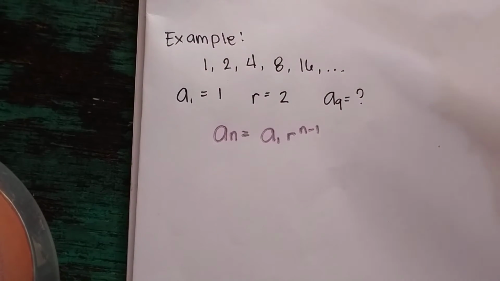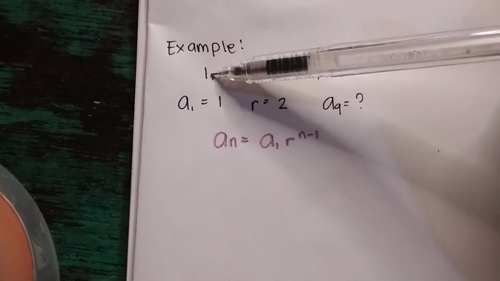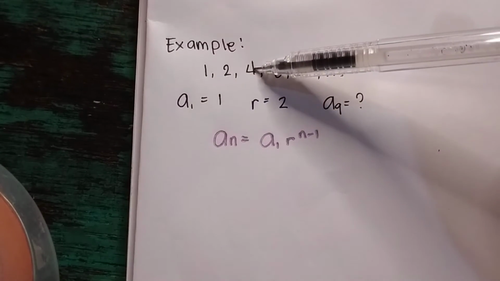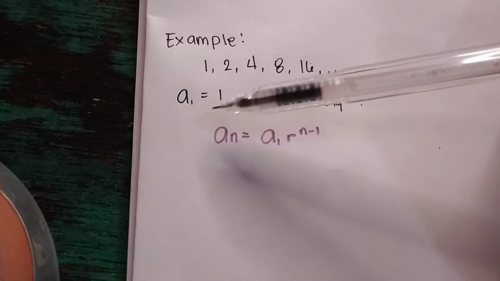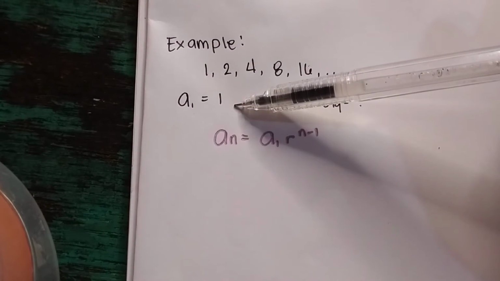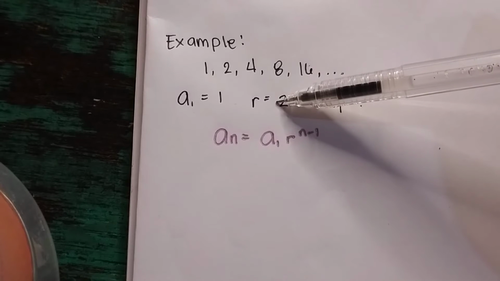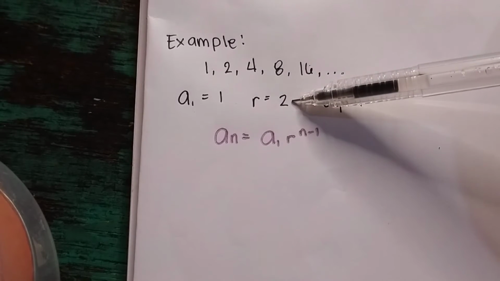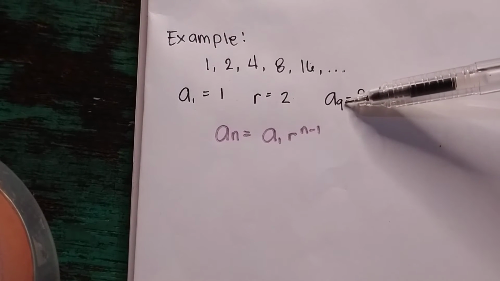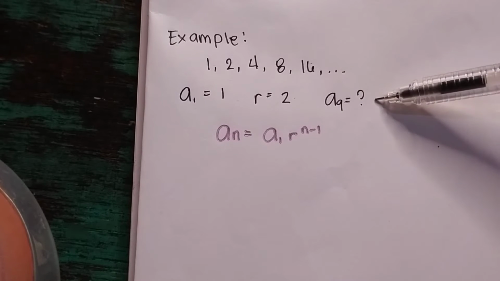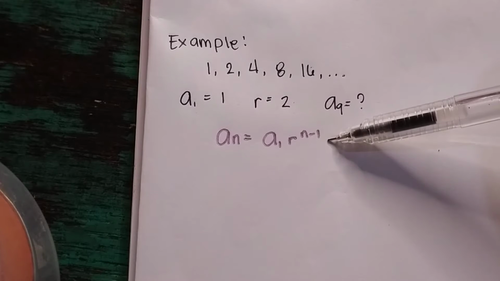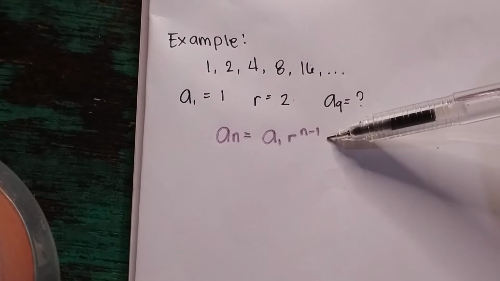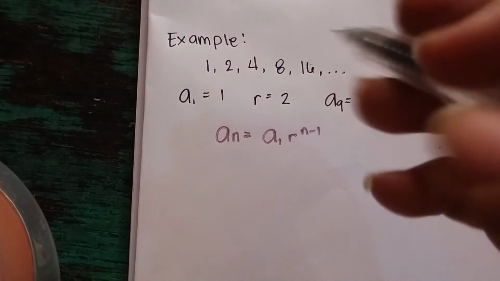A sub 1 is equal to 1, and the common ratio is 2, and we are going to find the 9th term. So, we have here the formula of geometric sequence. Now, all we have to do is to substitute.